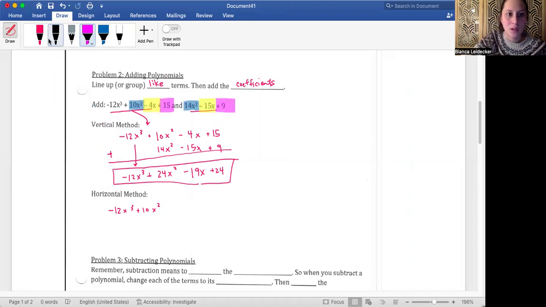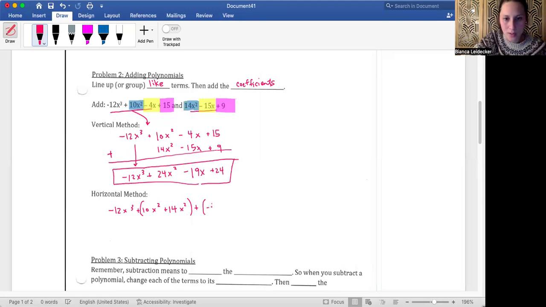So you can see what I'm going to do here is add the 10x squared plus this 14x squared, and I'm going to bring this together as one step. Then I'm going to add negative 4x.